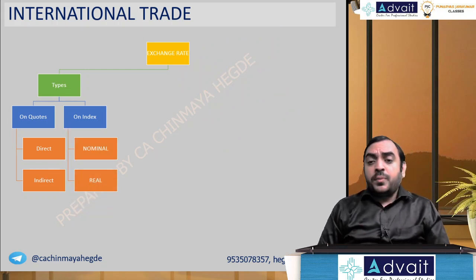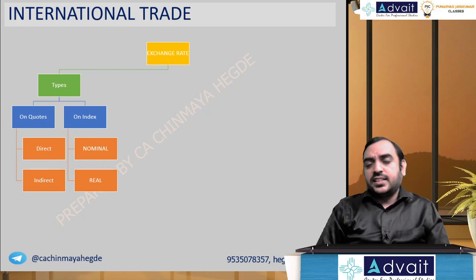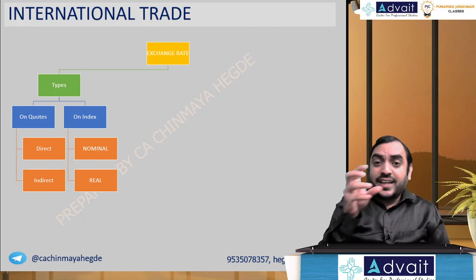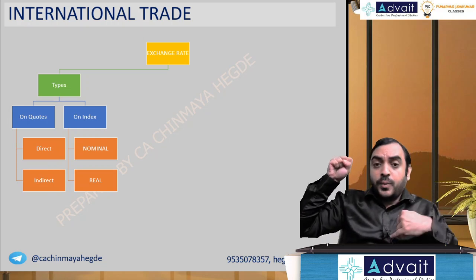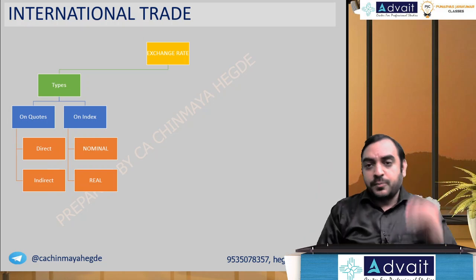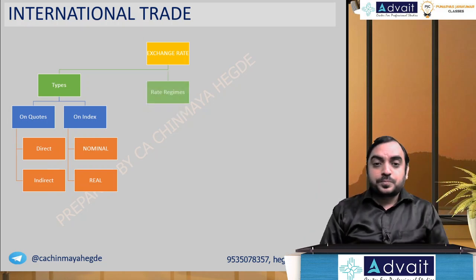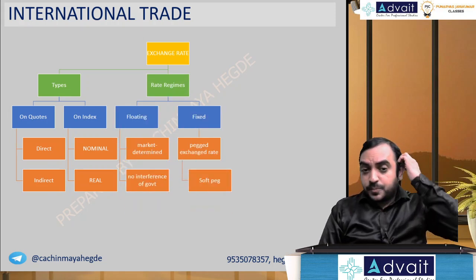We have then nominal rate and real rate. You know what the real rate and nominal rate are; we have discussed them in inflation, in capital budgeting. Nominal rate is whatever is the exchange rate. For the exchange rate, if I take out the inflation effect, domestic inflation and foreign inflation, that becomes real rate. So basically, in older terms, we have floating regime and fixed regime.